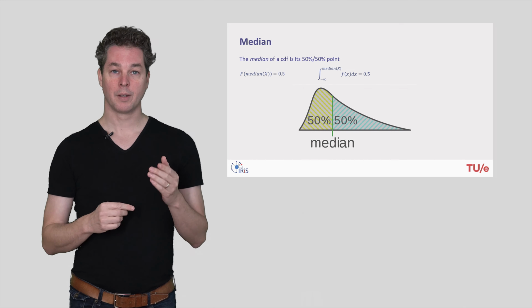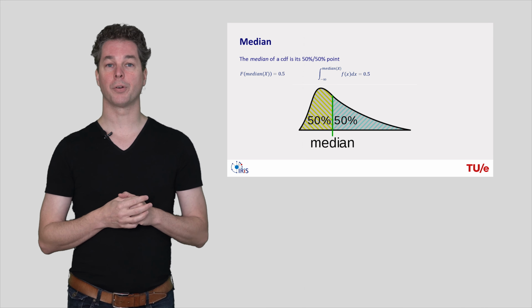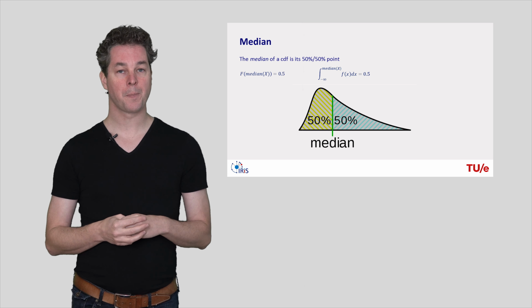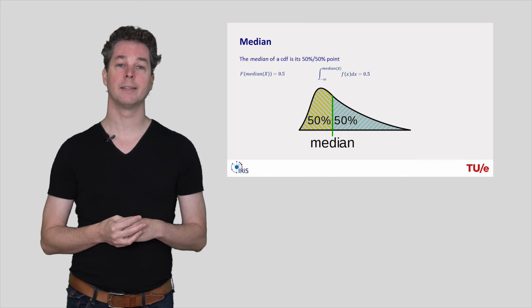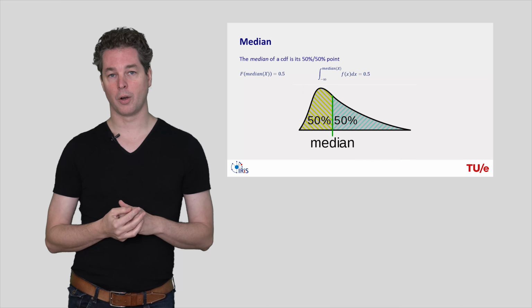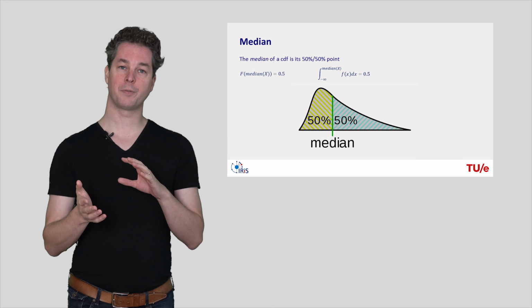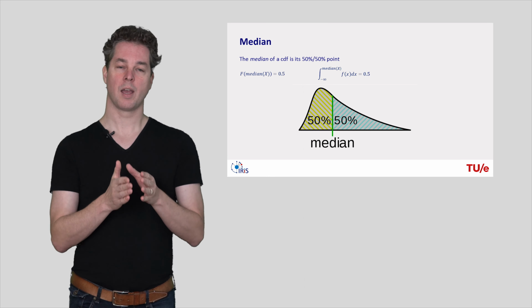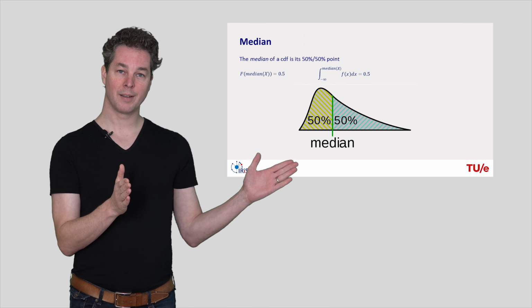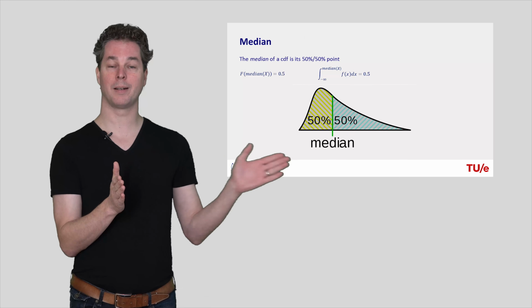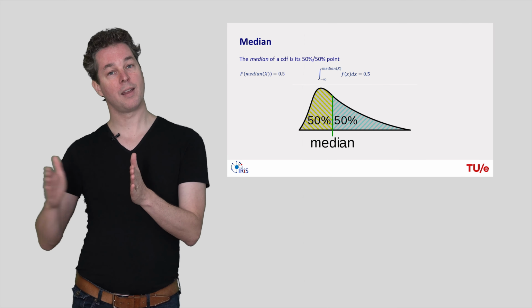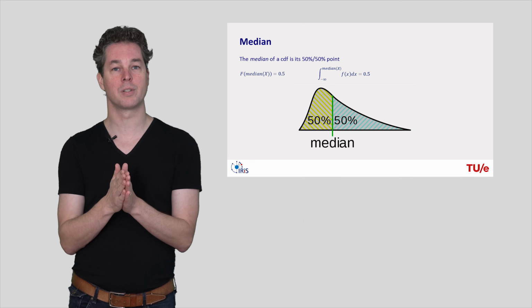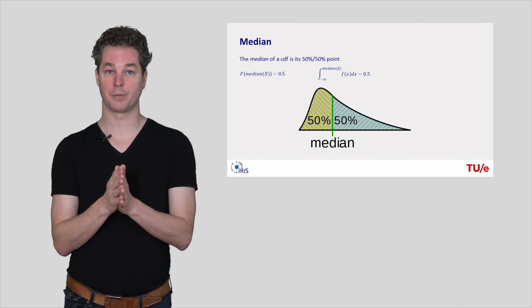Now, if the order of the outcomes is important, then one of the things that you might look at is the median of a stochastic variable. That's the 50-50 point in which everything to the left has a probability together of 50%, and everything to the right has, of course, then also a probability of 50%.